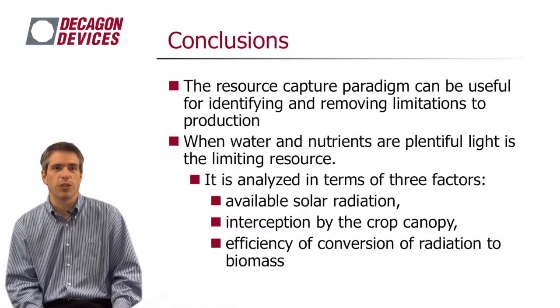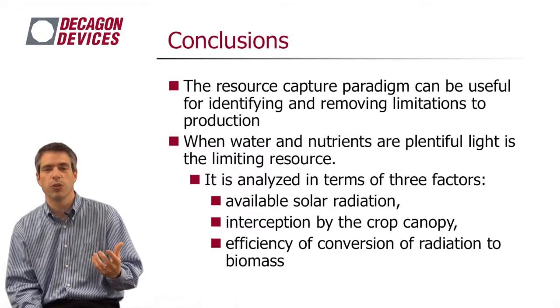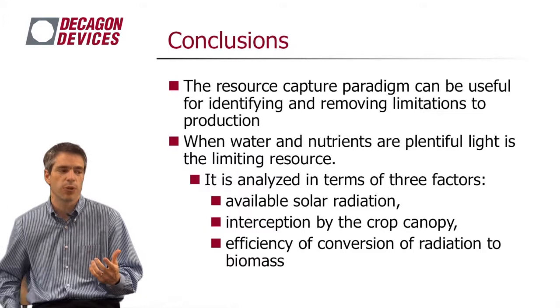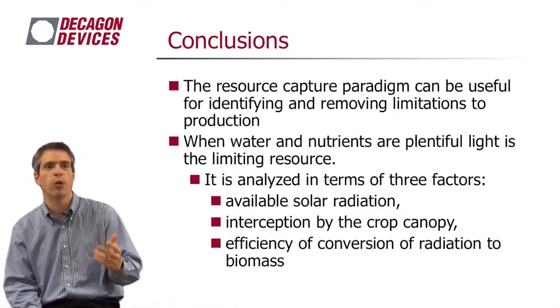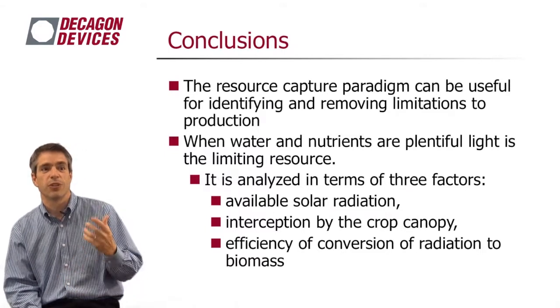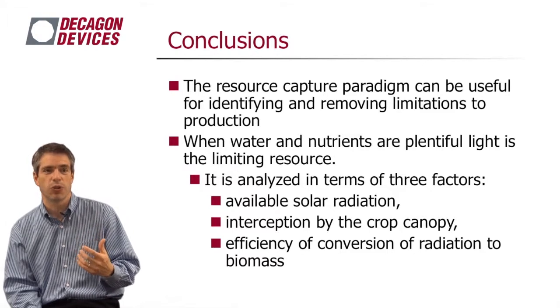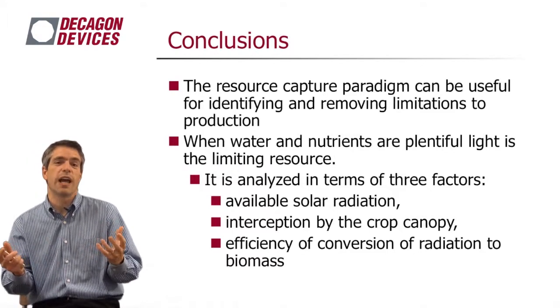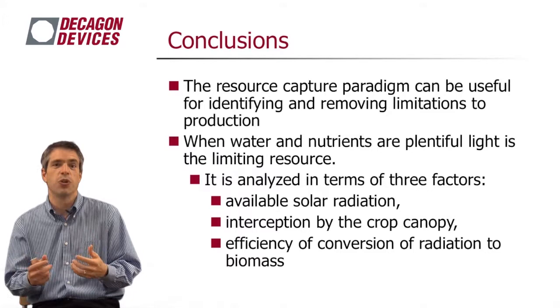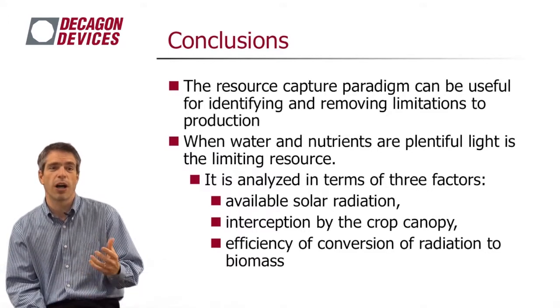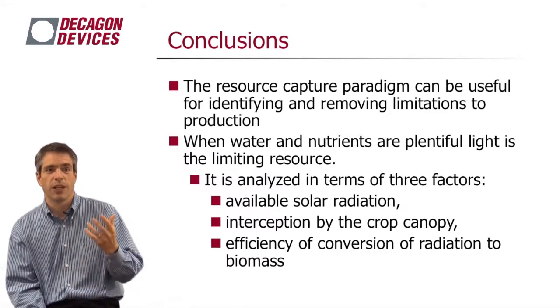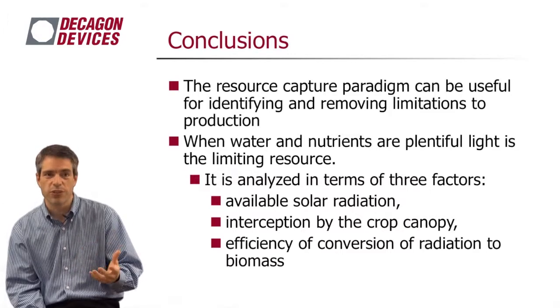In conclusion, the resource capture paradigm can be useful for identifying and removing limitations to production when water and nutrients are plentiful and light is the limiting resource. We can use this actually very simplistic model to understand our biomass production. Now, it's analyzed in terms of 3 factors that we discussed.